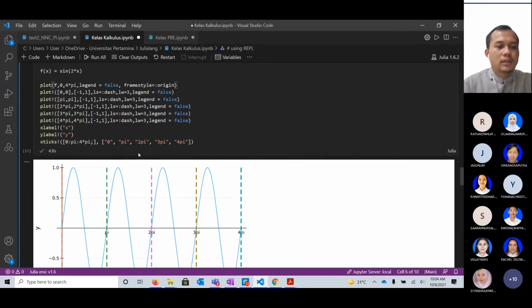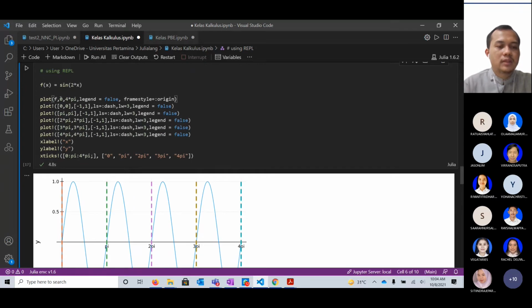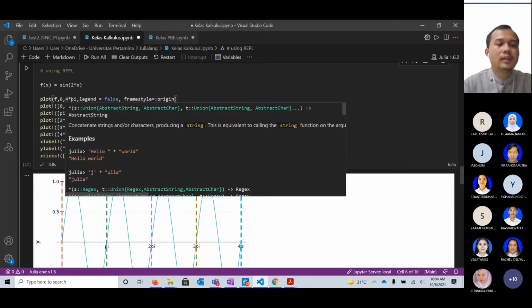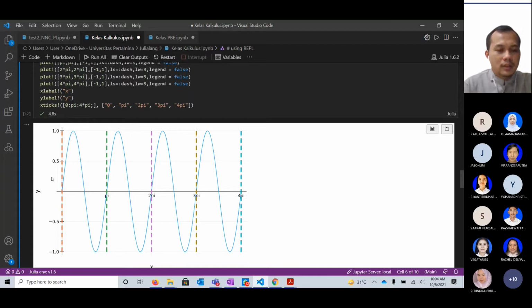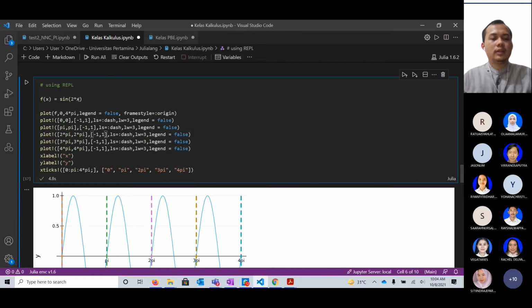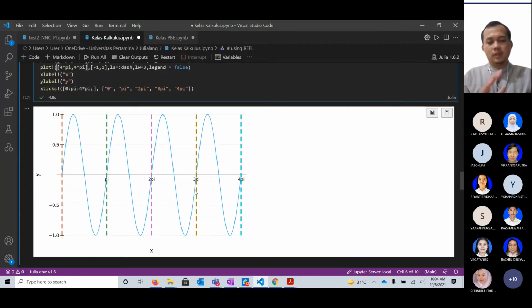If we plot it from 0 to 4 pi, we have the plot that looks like this. Some things repeat themselves over some interval. So after some interval, the plot of sine of 2x repeats itself over and over again. And this kind of function is called a periodic function.